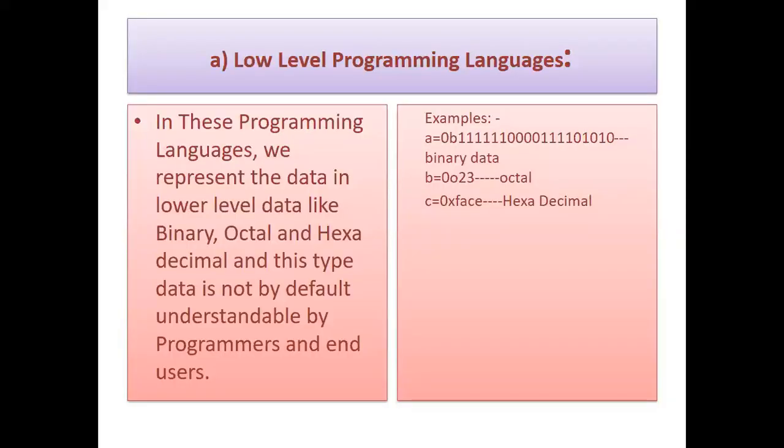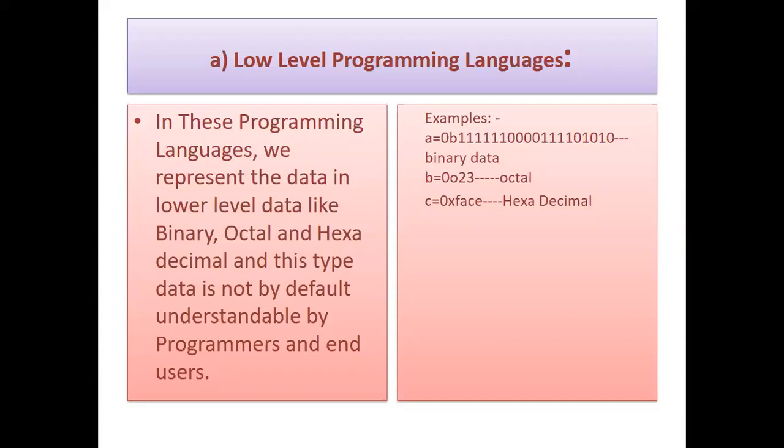When we talk about the low level programming language, we represent the data in lower level forms like binary, octal, hexadecimal, and decimal. This type of data is not by default understandable by programmers and end users.